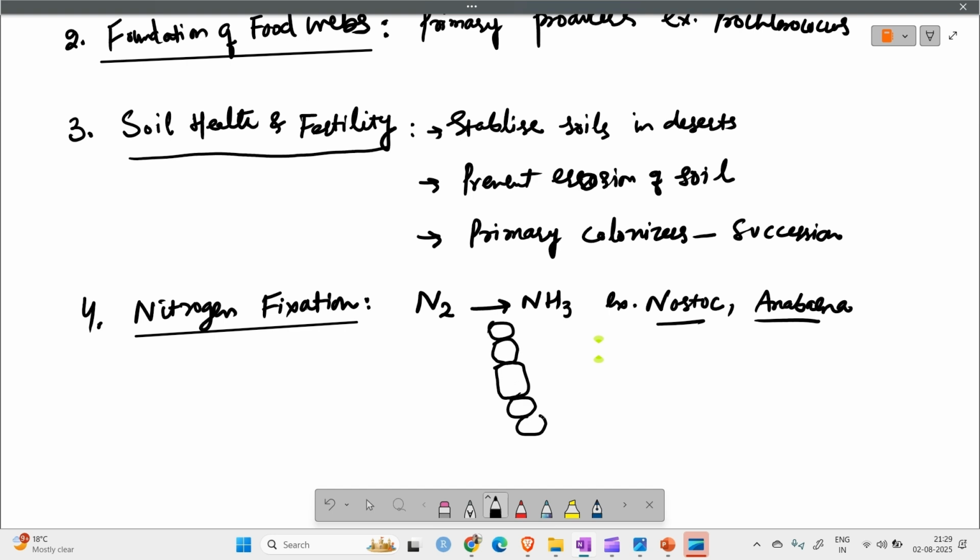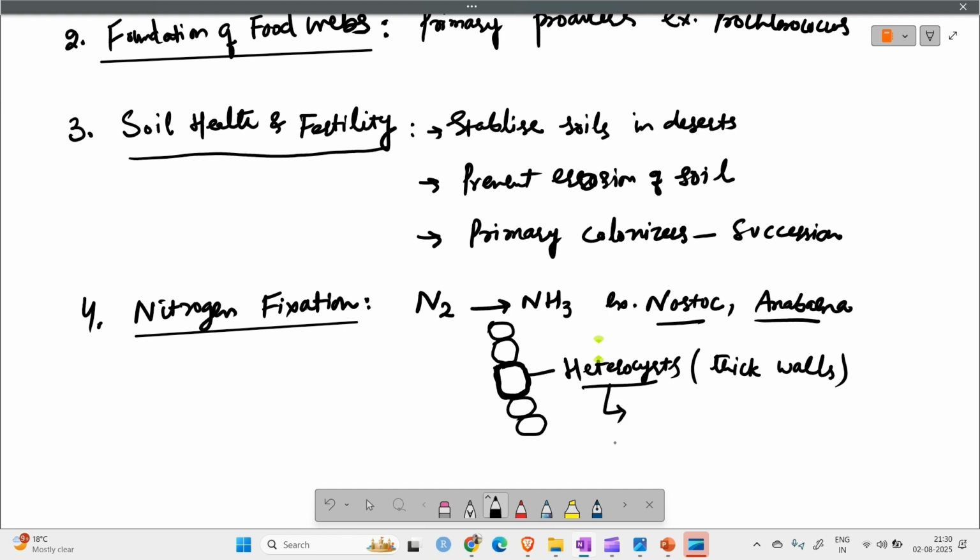Suppose this is a trichome of a Nostoc. These cells are comparatively larger than the surrounding vegetative cells. Okay, heterocysts. The heterocysts have thickened walls to prevent the entry of oxygen. Okay, thick walls. Why do they prevent the entry of oxygen?